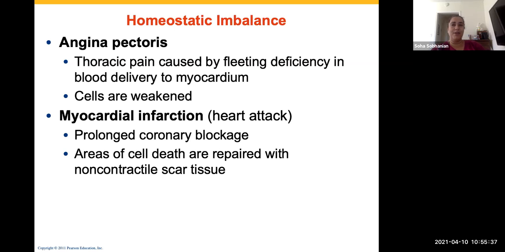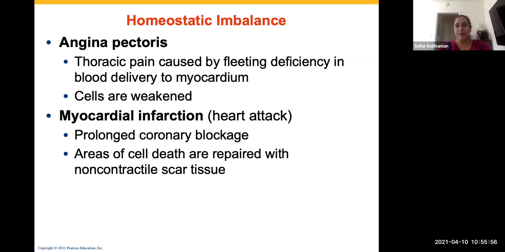So if you damage your left ventricle, the chances are that you might not recover from that. So you may actually die, versus if you have damaged the blood vessels that are supplying the right atrium or the left atrium.